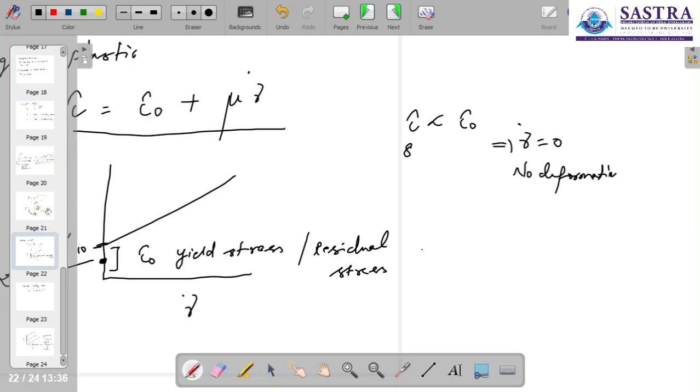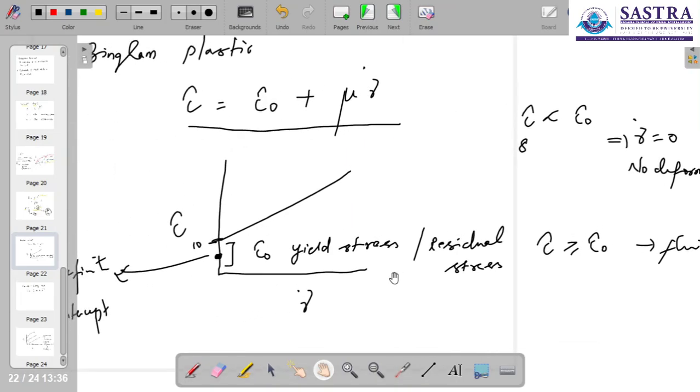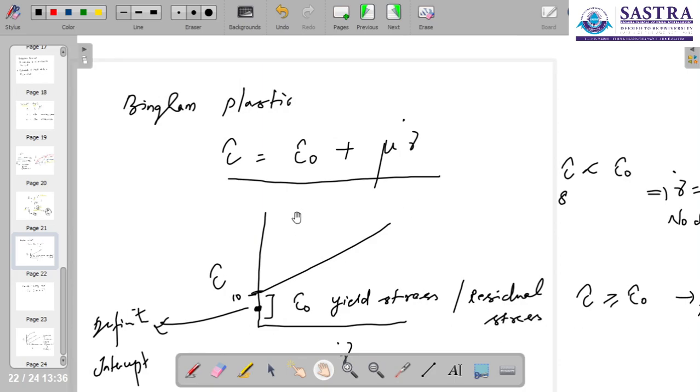The moment the applied shear stress is greater than or equal to the yield stress or the residual stress, it behaves like a Newtonian fluid, and you can see that it will keep on responding to the applied shear. This is a classical behavior that is expected from a Bingham plastic.